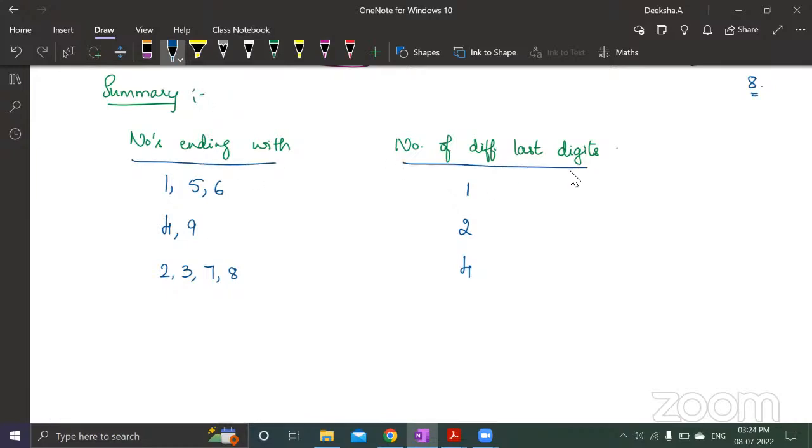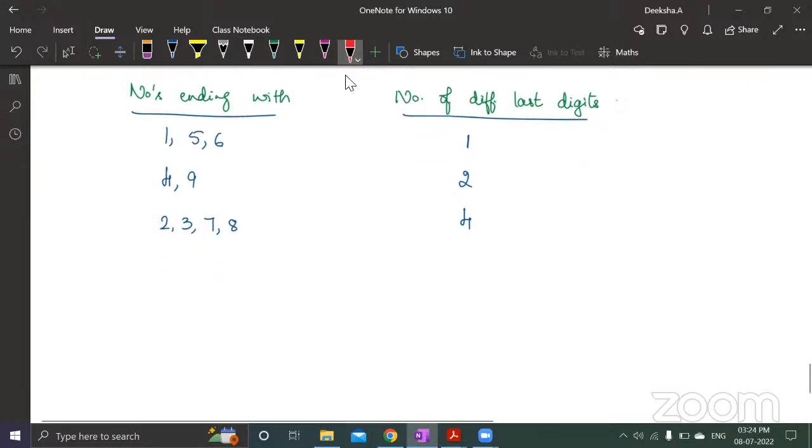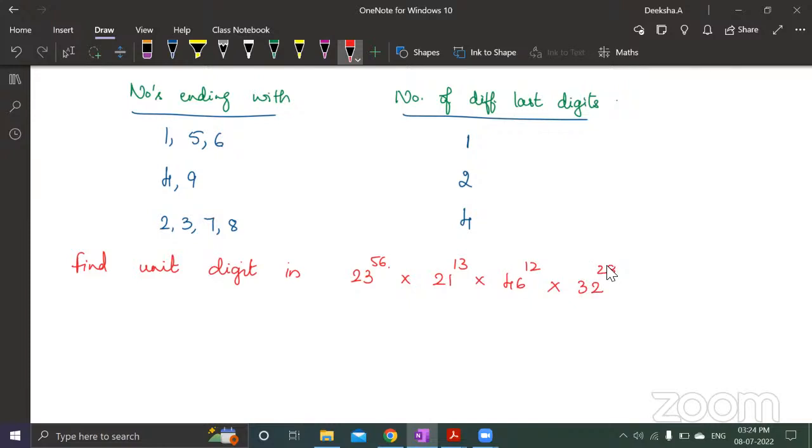Now, when a question is given to you, what type of question do you get? Find the unit digit. Find the unit digit in 23 power 56 into 21 power 13 into 46 power 12 into 32 power 28, something like this.